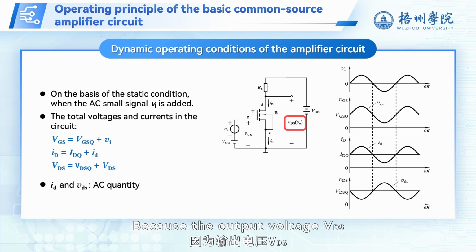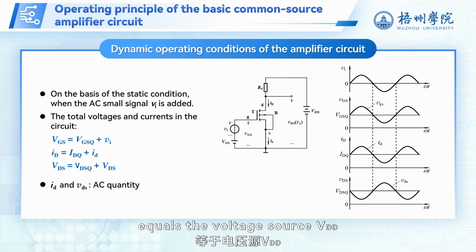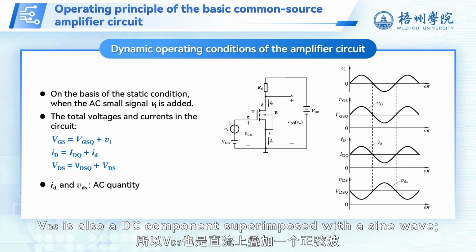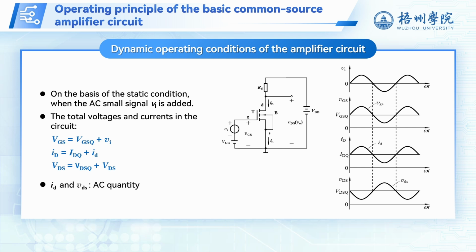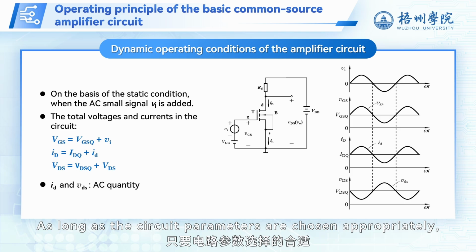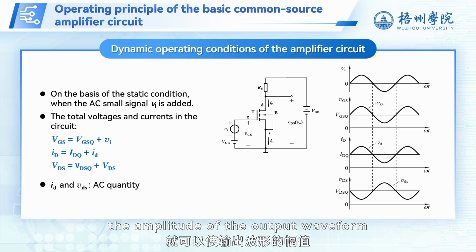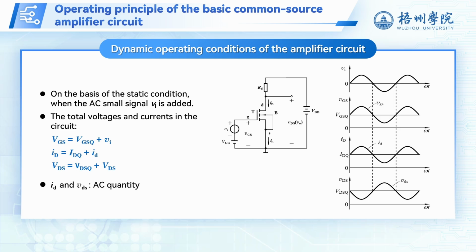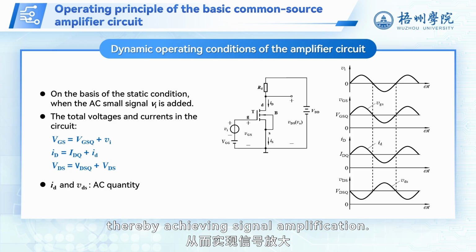Because the output voltage v_DS equals the voltage source V_DD minus the voltage drop across resistor R_D, v_DS is also a DC component superimposed with a sine wave. However, the phase of the sine wave is inverted relative to the i_d waveform. As long as the circuit parameters are chosen appropriately, the amplitude of the output waveform can exceed that of the input signal, thereby achieving signal amplification.